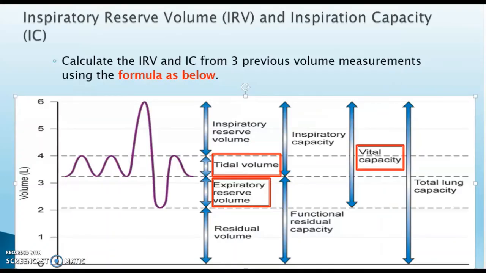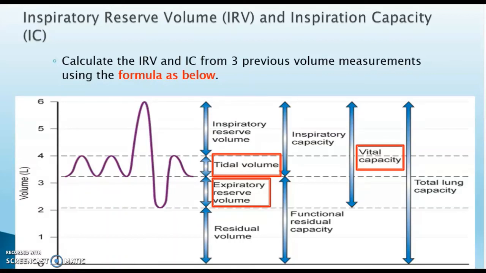The human respiratory volume differs according to gender. In general, males have a higher value of human respiratory volume compared to females.